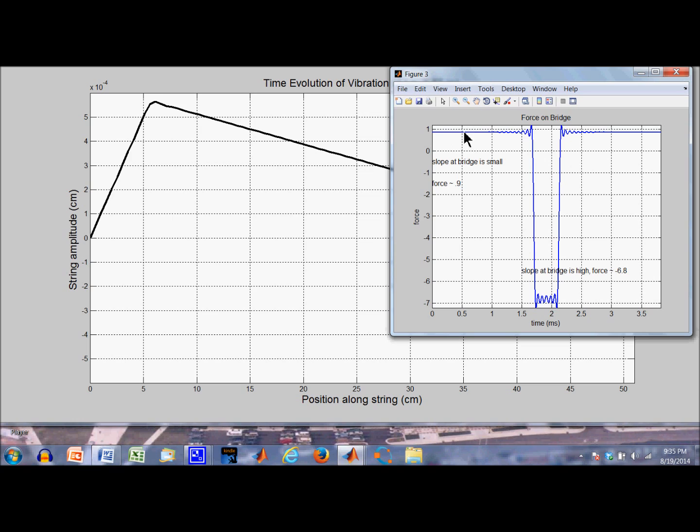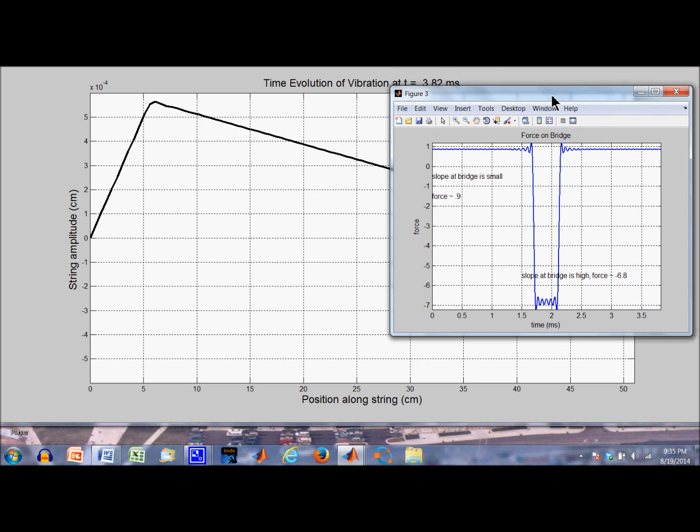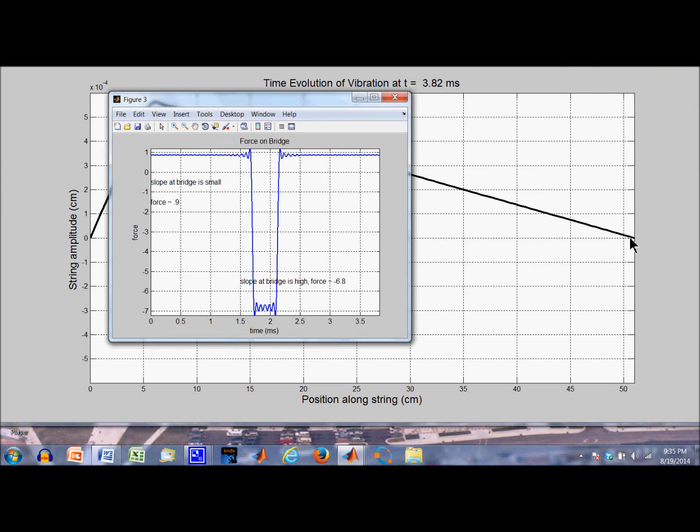So we start out, the slope is around at least 0.9 on these force units anyway, which is associated with this slope over here, because the force on the bridge is going to be proportional to the slope of the flexible string. And the string right now, at the end of that first cycle, is pulling up. So when the slope is negative, which it is here, the force will be positive and it'll pull up on the bridge. And so at the very end, which is right over here, 3.82 milliseconds, the force is about 0.9.